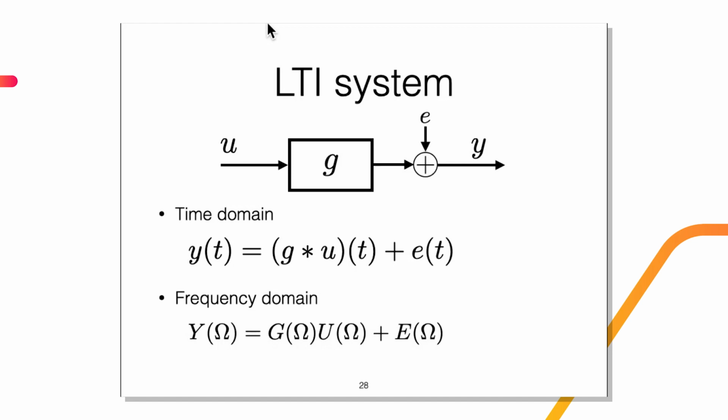This is a very nice expression, but it's not very usable because typically when you make a measurement, this expression requires the data to be known from -infinity to +infinity because you need to compute the convolution. Or in the frequency domain, since you need to compute the Fourier transform, you need these data from -infinity to +infinity.